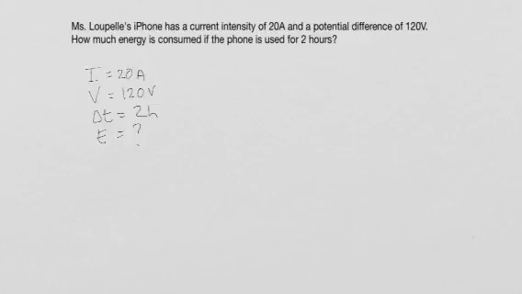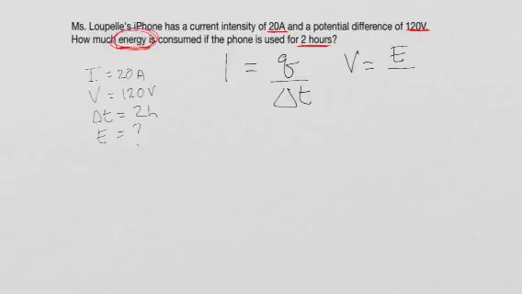So first things first, I've got 20 amps, 120 volts, and 2 hours, and it's asking me about energy. This is the one it's asking me to solve for. If I look at my formulas, which I will always have access to, I need to see that one formula is this, and the other formula is this.